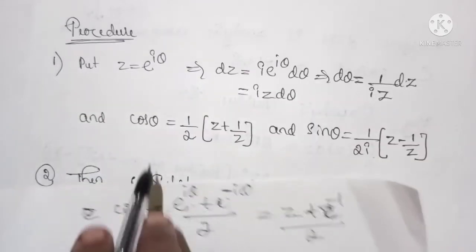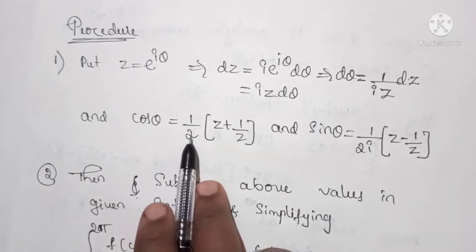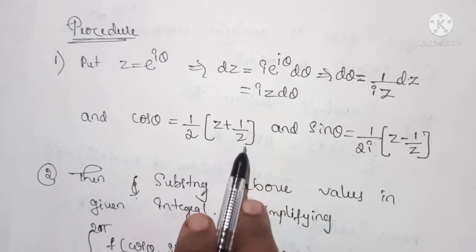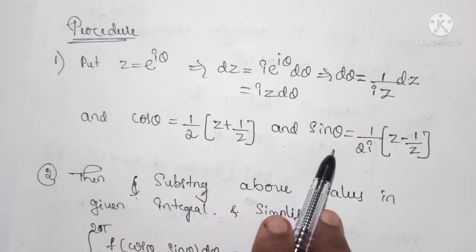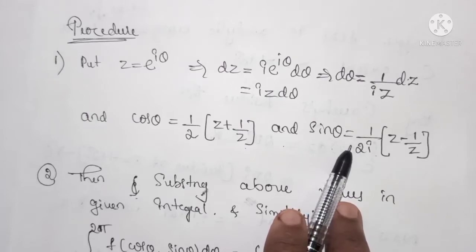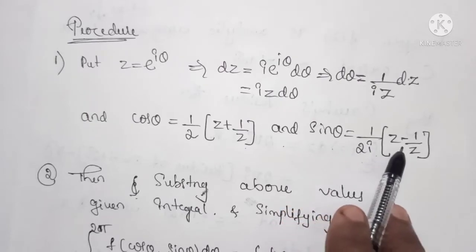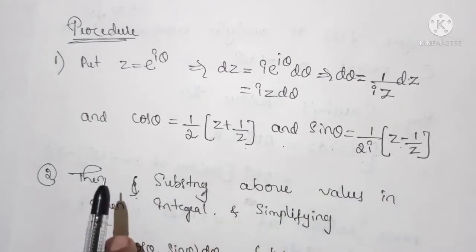Thus we substitute cos theta equals 1 by 2 times z plus 1 by z, and similarly sin theta can be replaced by 1 by 2i times z minus 1 by z in the given integral.